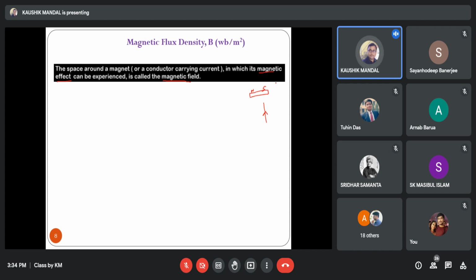Now if we consider some space around this magnet or around this current carrying conductor, and in this space we will experience different types of magnetic effect, then it is called the magnetic field. So we basically experience the magnetic effect around a magnetic medium due to the magnetic field.